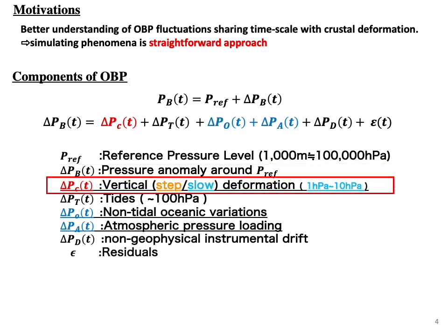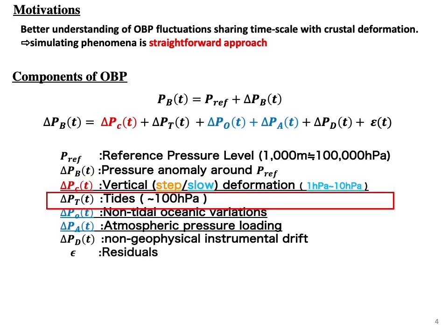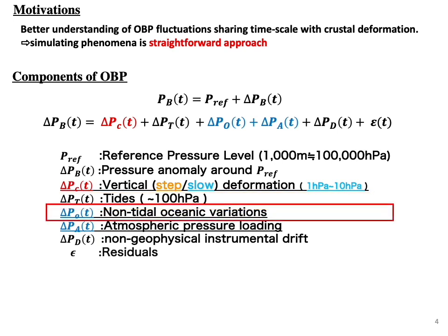And Pc is vertical deformation resulted from earthquake. Pt is tide. Amplitude is quite huge, but numerical model can precisely estimate and it can be differenced well. PO is non-tidal oceanic variations and estimated by ocean models here, but there is room to be improved in terms of accuracy.